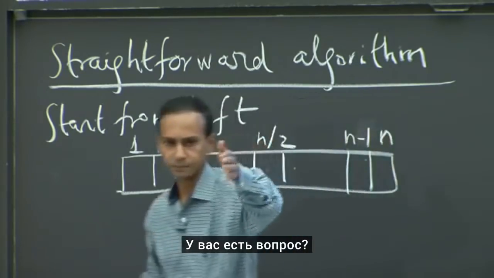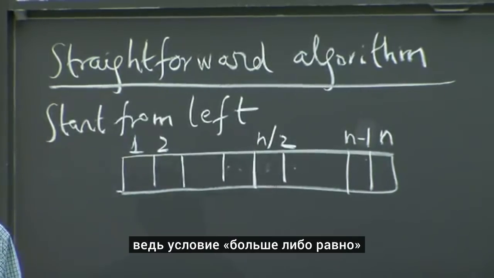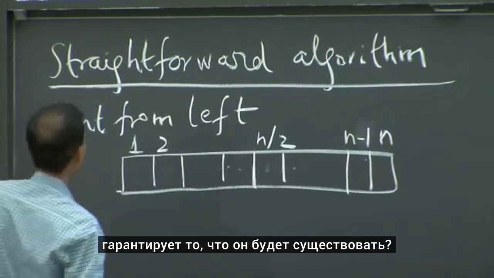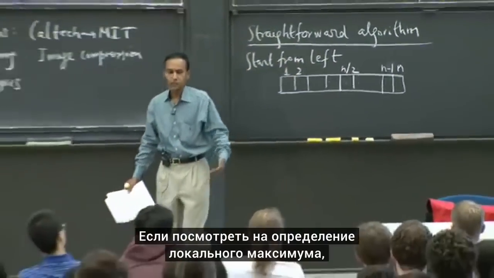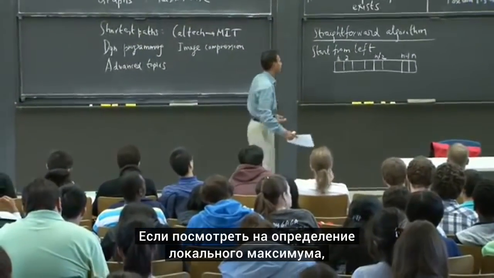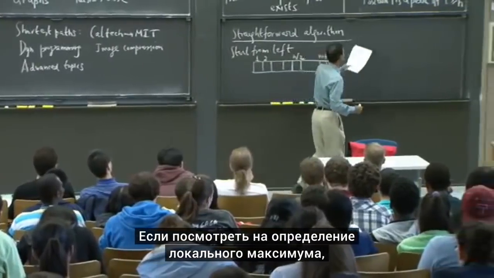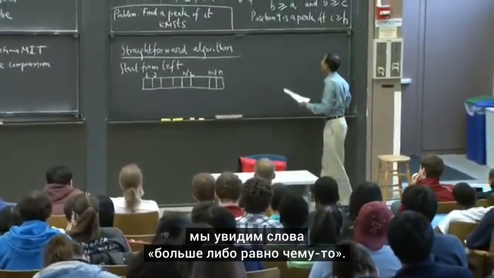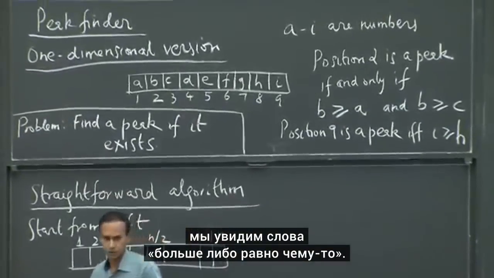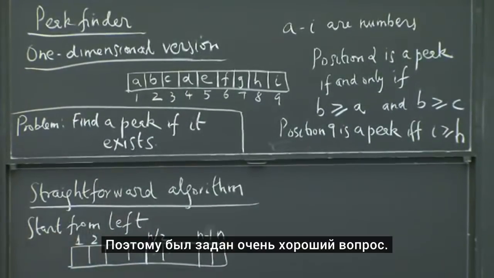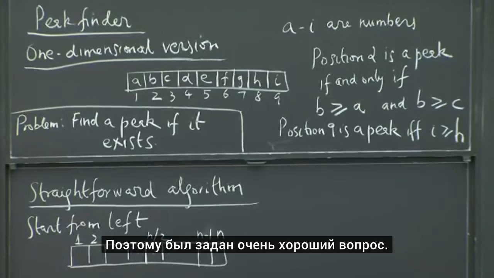Yeah, question? Why do you say if it exists? With the criteria that you have for a peak, aren't you guaranteed that a peak exists? That's exactly right. I was going to get to that. So if you look at the definition of the peak, what I have here is greater than or equal to. Okay? And so that's a great question that was asked.